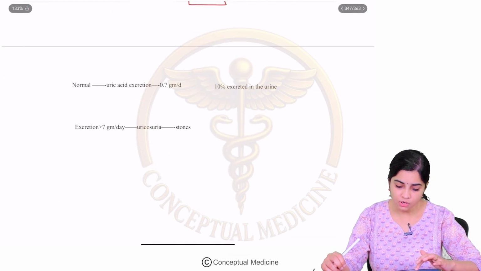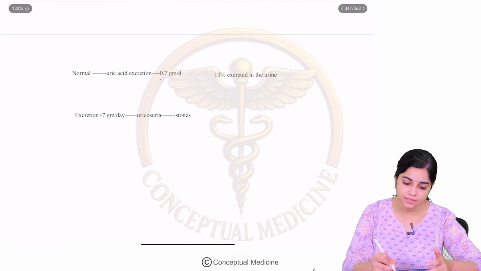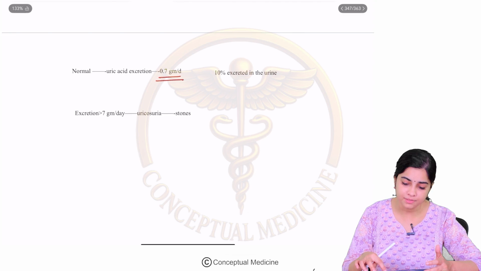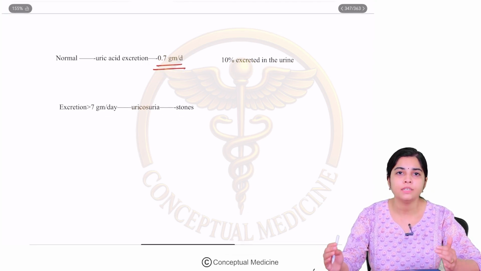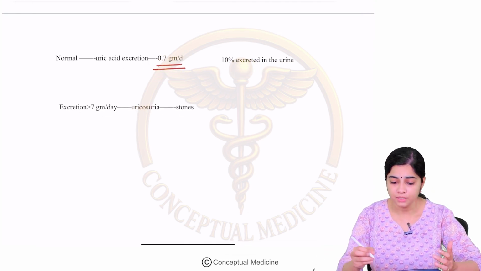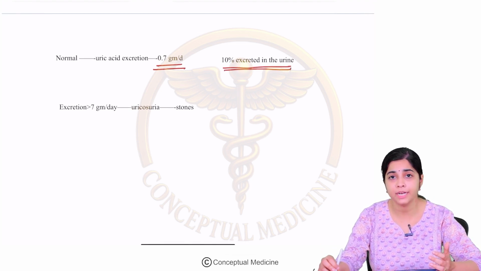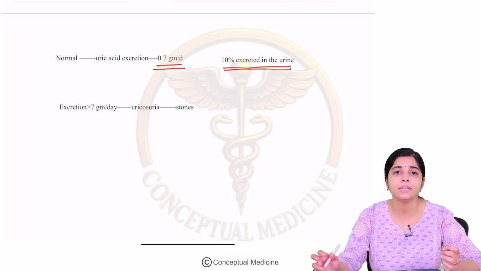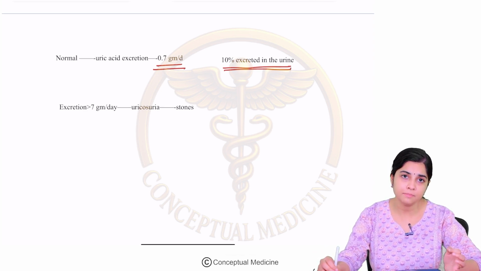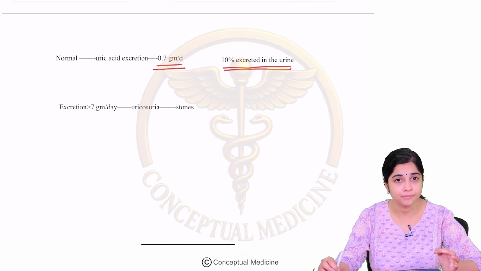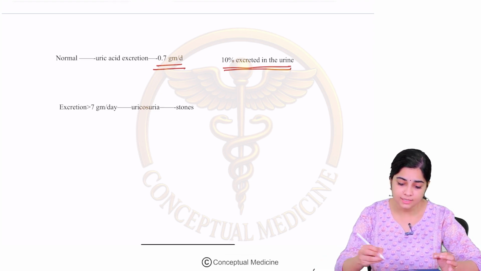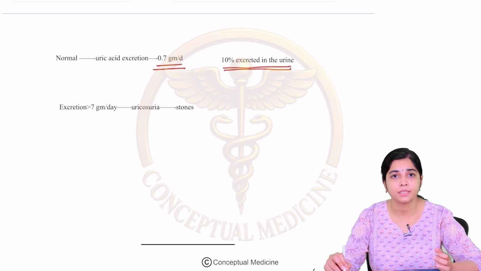The basic underlying point that you have to remember is that uric acid is a breakdown product of purine metabolism. Normally the uric acid excretion is around 0.7 grams per day, and when we speak about the urate pool, around 10% is excreted in the urine. Up to 90% will be reabsorbed into the body to maintain the uric acid pool. So the normal uric acid excretion is 0.7 gram per day.